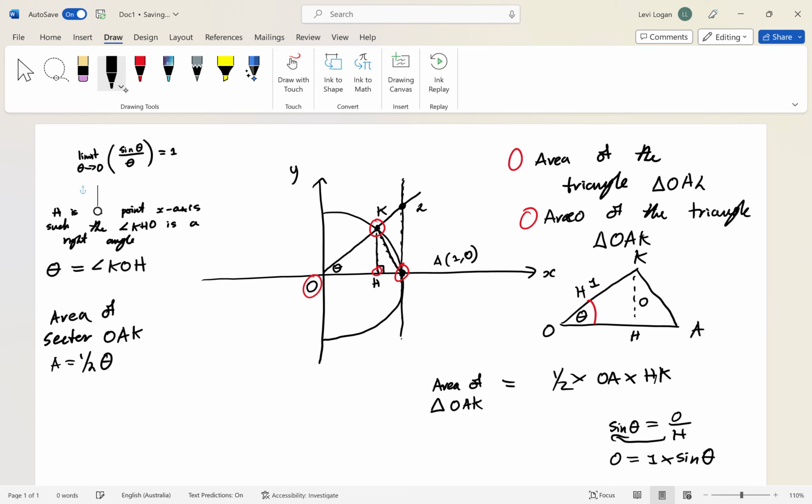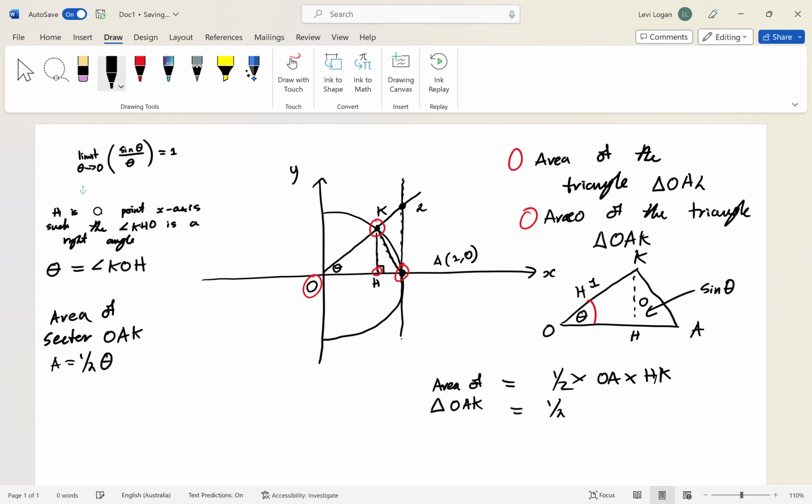So the opposite is the length HK. So therefore the length of HK is just sine theta. So we know that the height of this triangle here is sine theta.